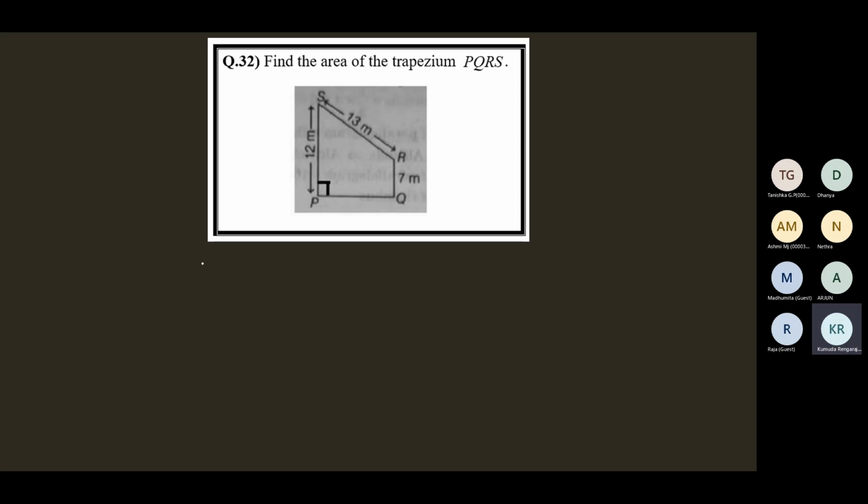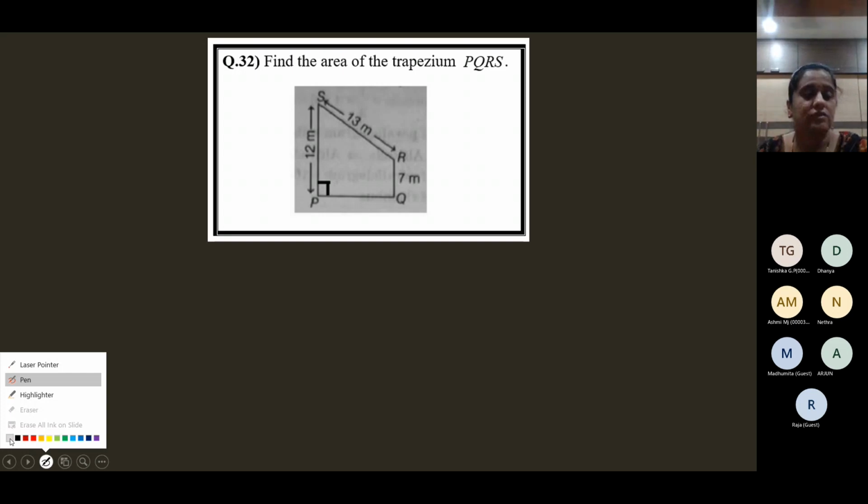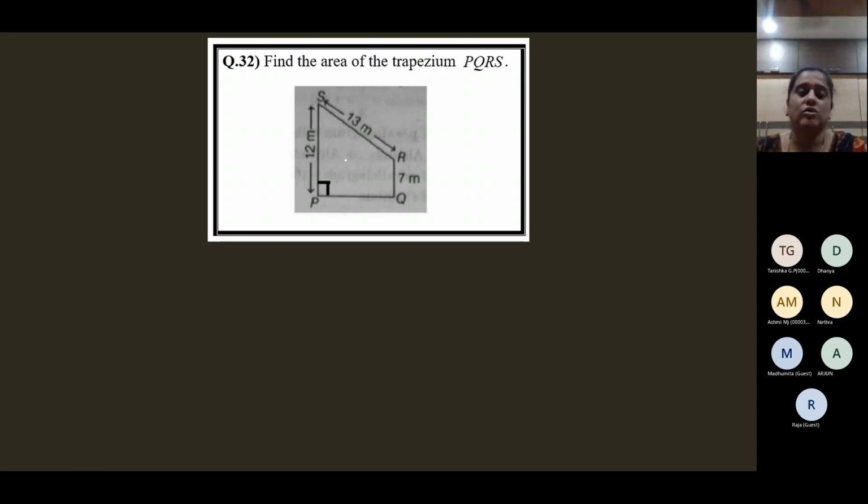All right. So see here. What is that you don't have here? What is the formula to find the area for trapezium? A plus B by 2 into H. Yeah, half into sum of the parallel sides into distance between them.